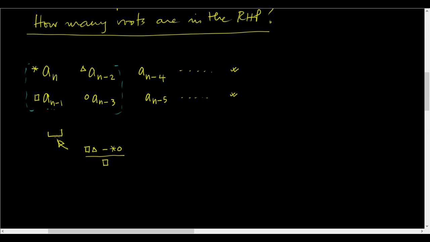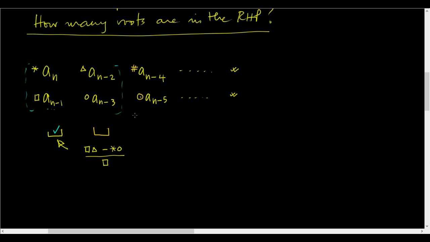So this number is now filled. I have to put another number here, and for this I will need new symbols. So I will put this hash mark over here, and a circle with a dot in it over here.